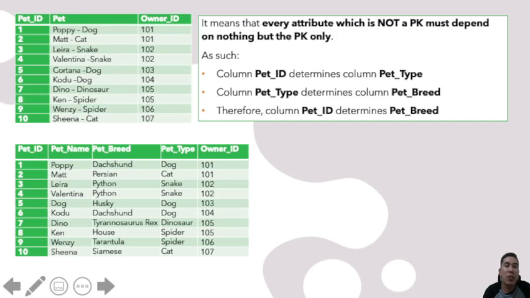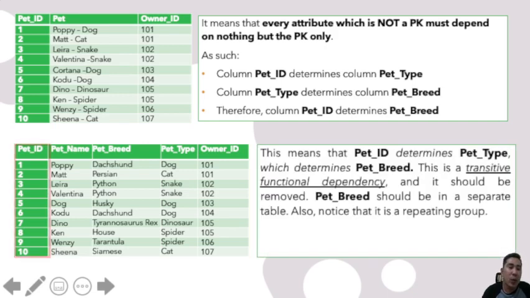As you can notice, we can observe repeating groups for pet breed and pet type. With that, we are going to remove whatever field causes data redundancy or is a repeating group. Therefore, pet breed and pet type will be removed from this table, and we are going to decompose or create another table for each of these fields.